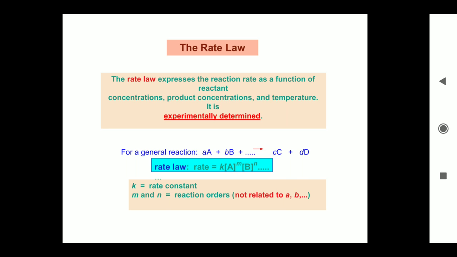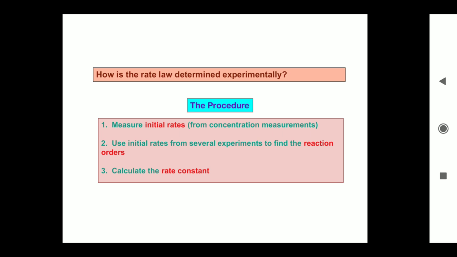And we already know the definition of order: it is the sum of powers of the concentrations of the reactants involved in the reaction. So if we add m plus n, it gives the order of that particular reaction.